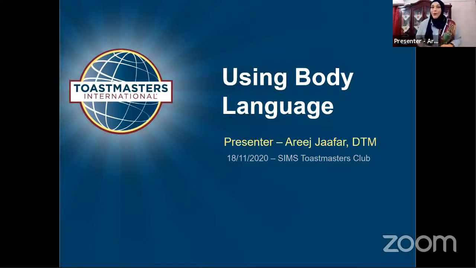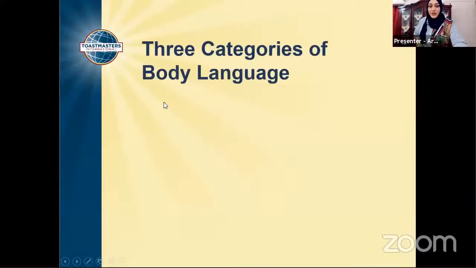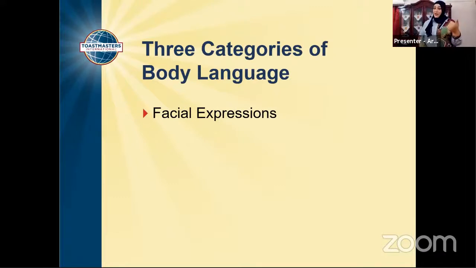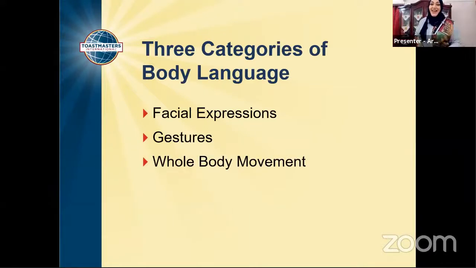And it's very important to be able to use it, not only in speeches, but in our life, right? So let's see what we are going to learn today. We will come to know about the 3 categories of body language: the facial expression, the gestures, and the whole body movement.